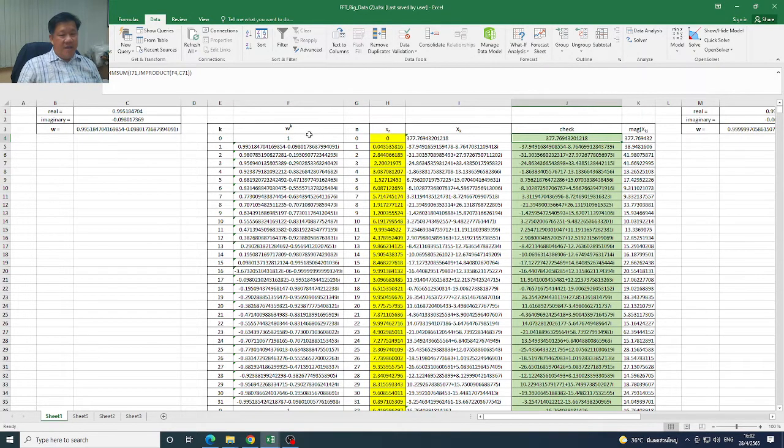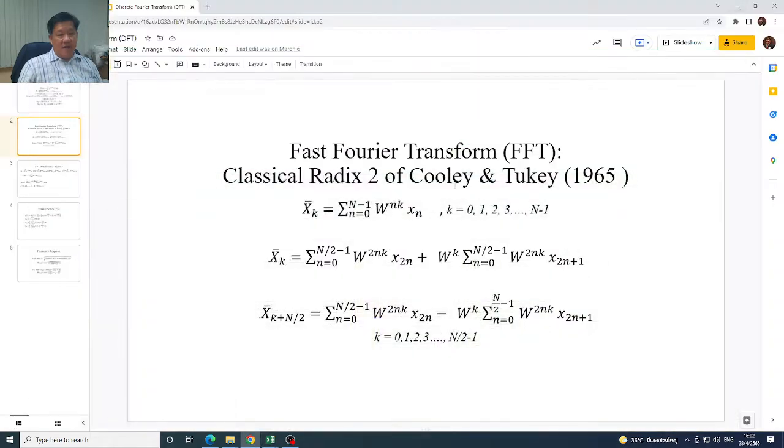You can see that we need w to the k. So we start to count the k, but remember that k down here in the Fourier transform is now reduced to 0, 1, 2, 3 up to n divided by 2 minus 1. So our original problem is that when n is 64, in this case k has to go from 0 to only 31 instead of 63.